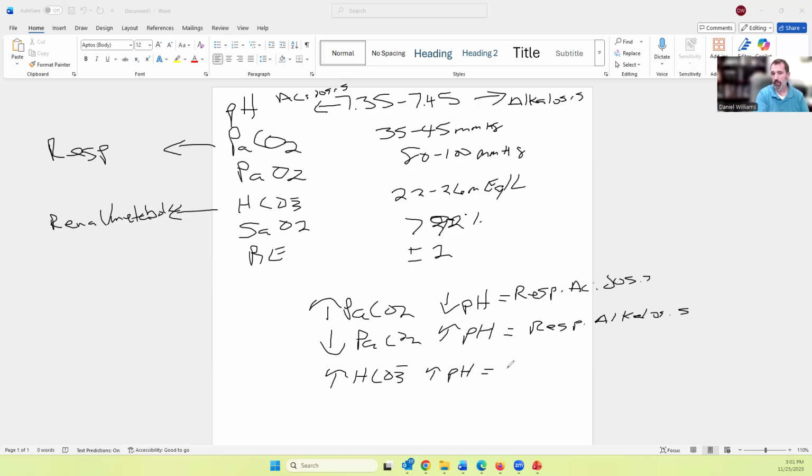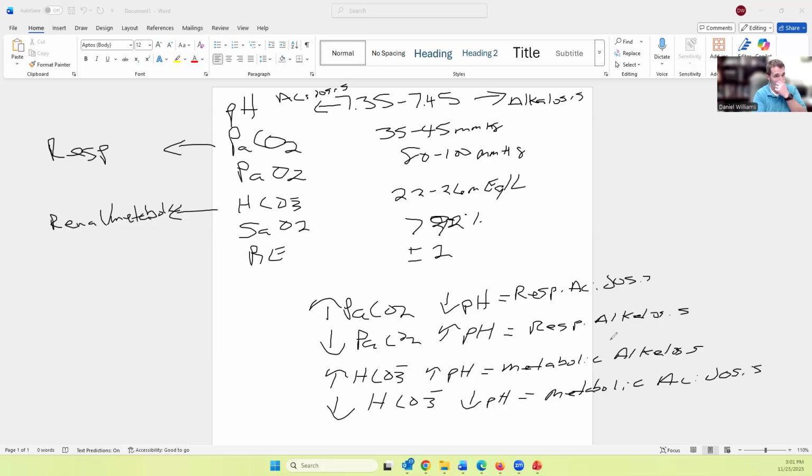That's going to give us a metabolic alkalosis. And if I have a decrease in bicarb, that's going to give me a decrease in pH, and that's going to give me a metabolic acidosis.